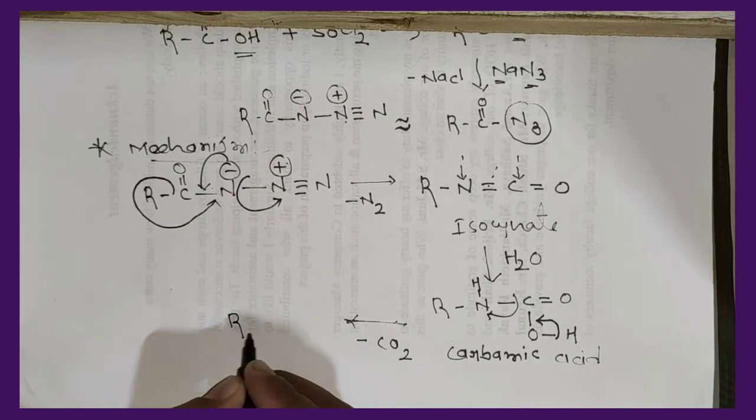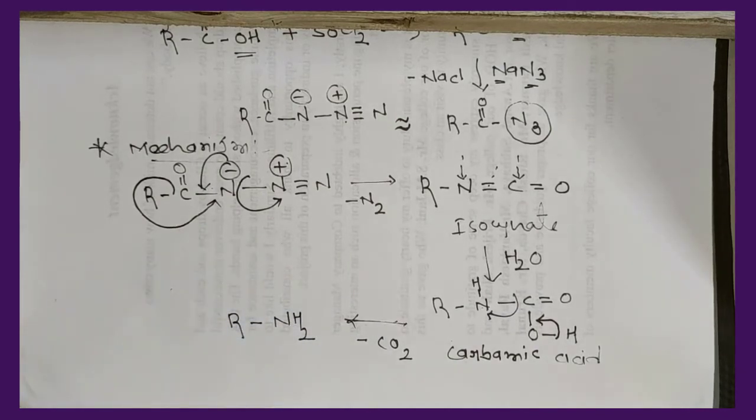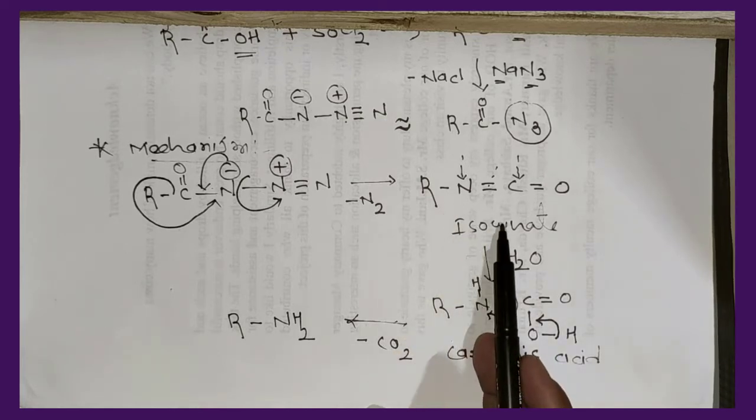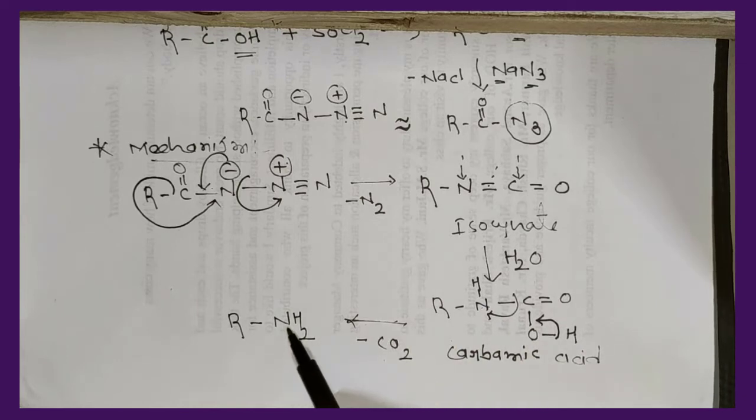So the final product is primary amine. Clear? So the mechanism is quite simple, and the intermediate is carbamic acid. This is simply an example of hydrolysis. The important part is isocyanate, which on taking a water molecule gives carbamic acid as an intermediate, again removal of a CO2 molecule, and the final product is primary amine.